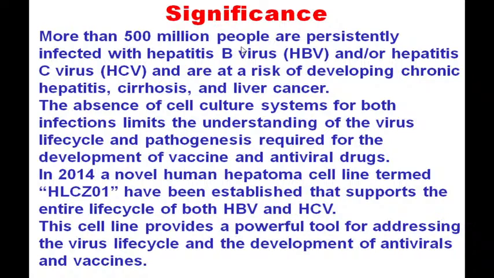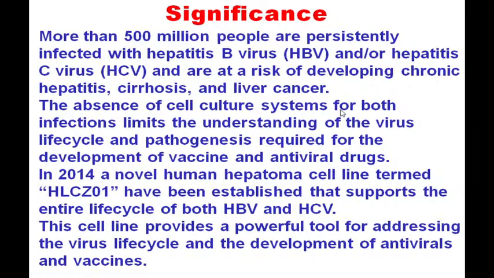Then the second very important point: these hepatitis viruses cannot be properly cultured in vitro. It means that until now we don't have a very good model to grow these viruses. Moreover, we don't have a good model of these viruses in infected animals, because infection of animals other than primates is really very tricky.